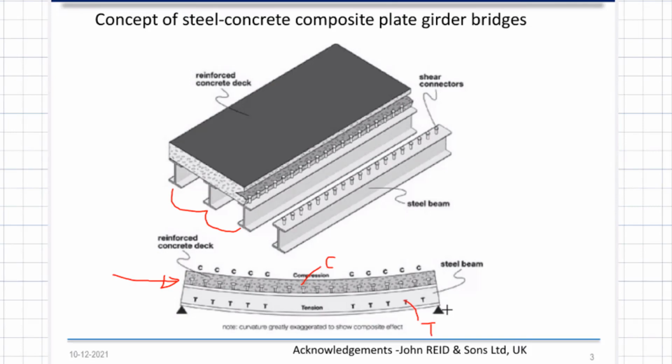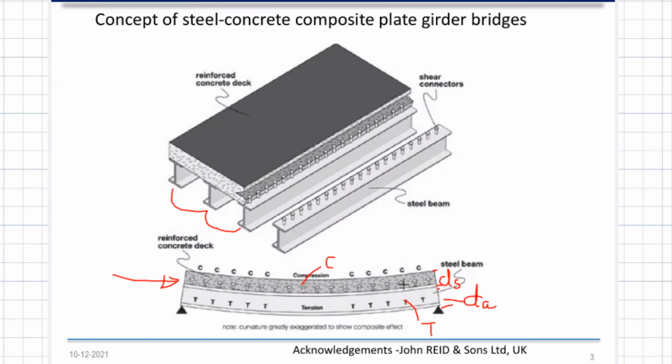In composite action, depending upon the relative depth of concrete, which we call ds, depth of slab, and this is usually called depth of the steel, and depending upon the strength of the concrete and the strength of the steel, the neutral axis can be in the concrete or in the steel.